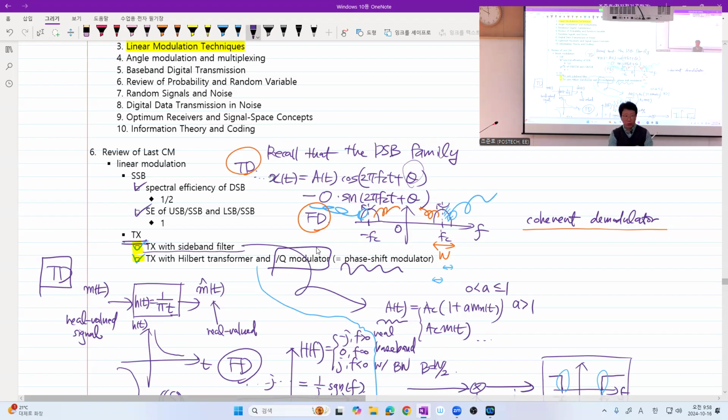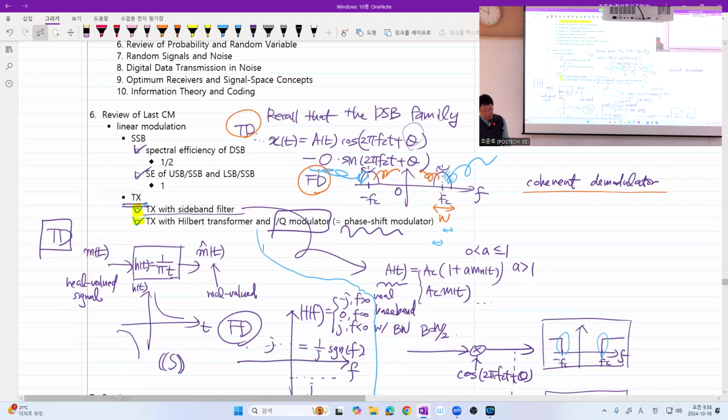Got it? So not only theory, but also how to implement is very important. You must cooperate with your friend who really hates signals and systems, okay? And also your friend who loves semiconductor circuits only and really hates Fourier transform. They must cooperate to have some advance in electrical engineering.